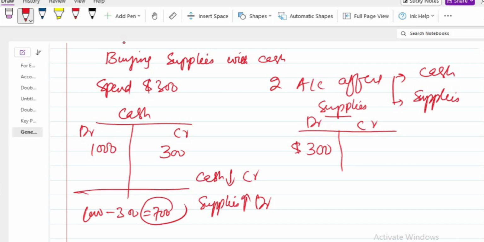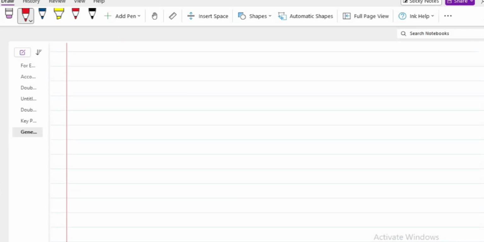Let me recap it again, and after that we will wind up this lecture. We have discussed the general ledger, that this is actually the big record of all accounts. Clear?